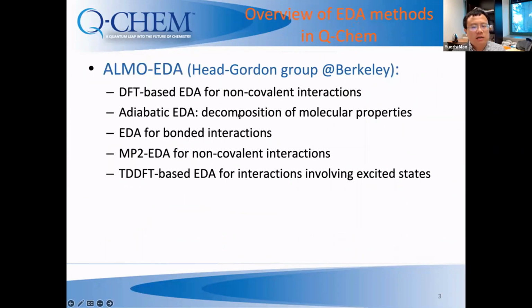All right. So I want to give a brief overview of the EDA methods available in Q-Chem. There are two major families of methods, I would say. The first big family is ALMO-EDA, developed by the Head-Gordon group at Berkeley. This method has been made available for many different scenarios.